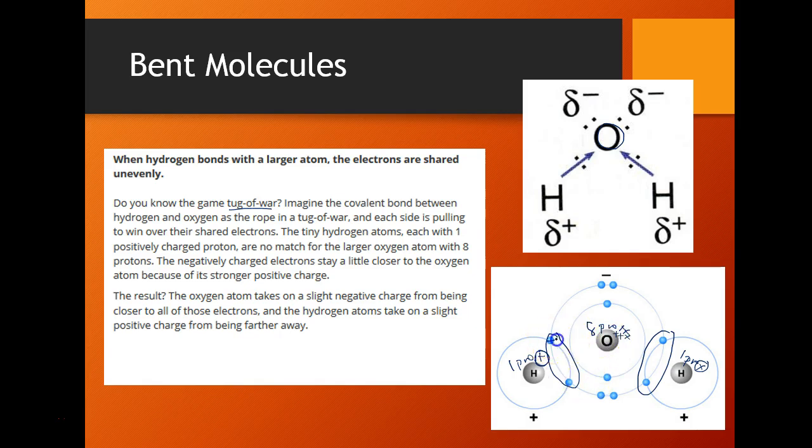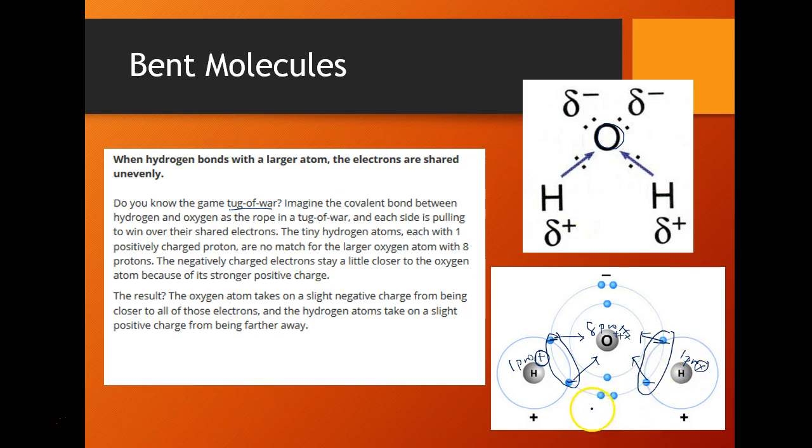Remember, these electrons are negatively charged. So in this game of tug of war, the oxygen's nucleus has a much stronger pull because it has many more protons in its nucleus to pull these electrons closer to the oxygen atom and further away from the hydrogen atom.